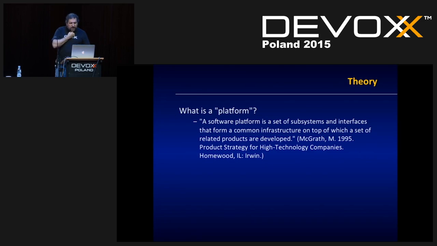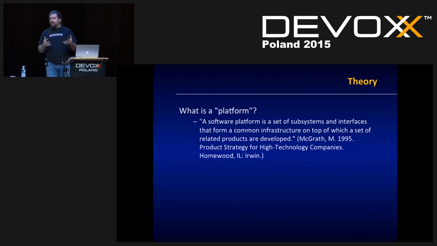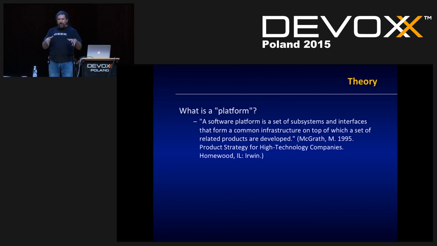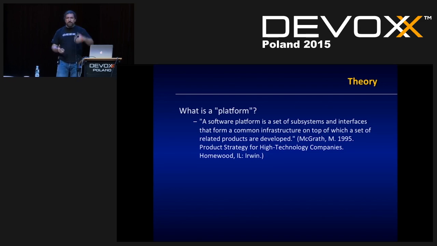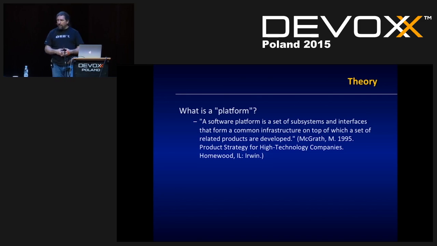Set of subsystems and interfaces that form a common infrastructure on top of which a set of related products are developed. This is a little bit more generic. This is starting to get away from low-level components. And we start thinking about things like cloud, right? The Google Cloud Platform provides a set of services that you can build things on top of.